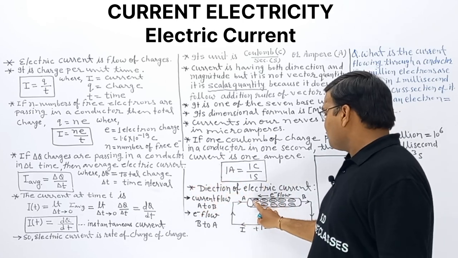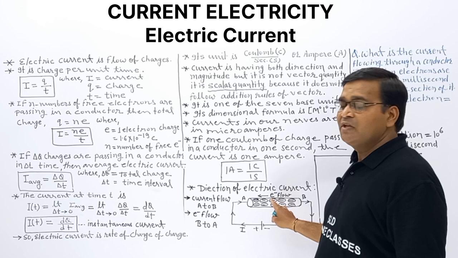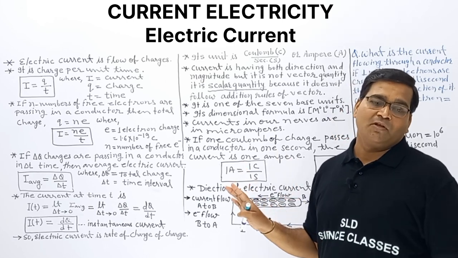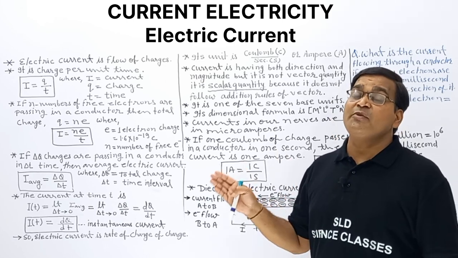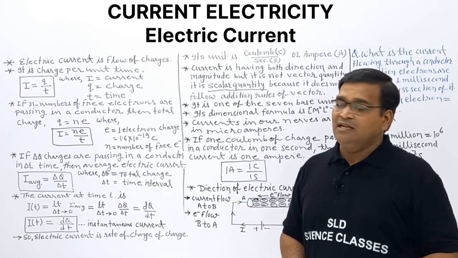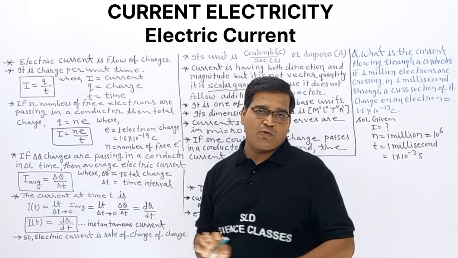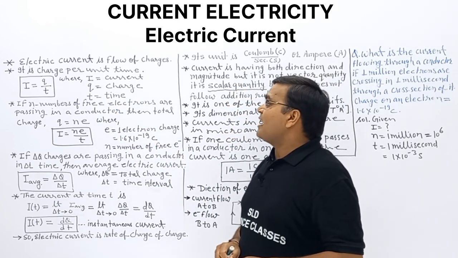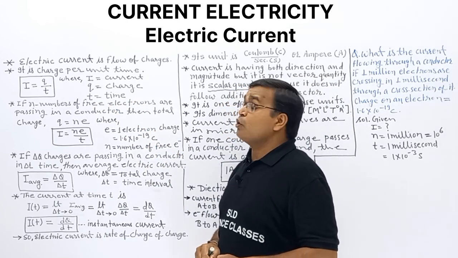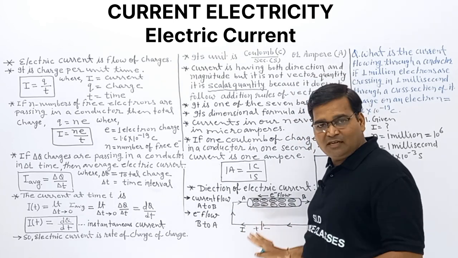So in the conductor, current can easily flow. Current is flowing means flow of charges. We are discussing that if n number of free electrons are passing in a conductor, then the total charge will be what? This is one circuit.